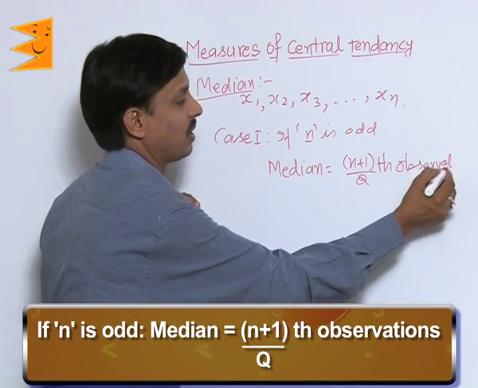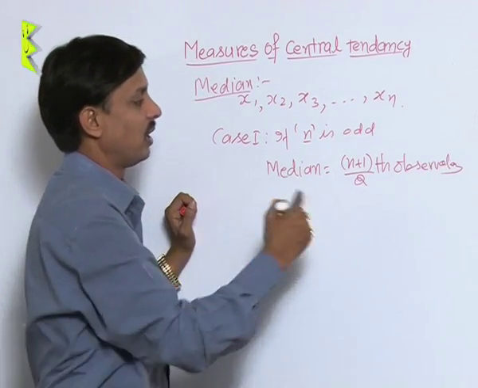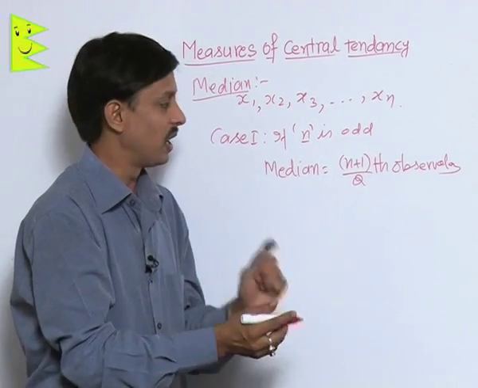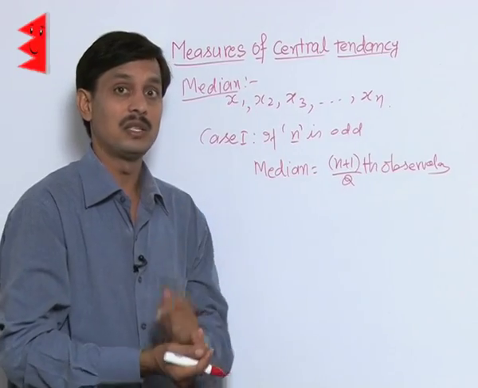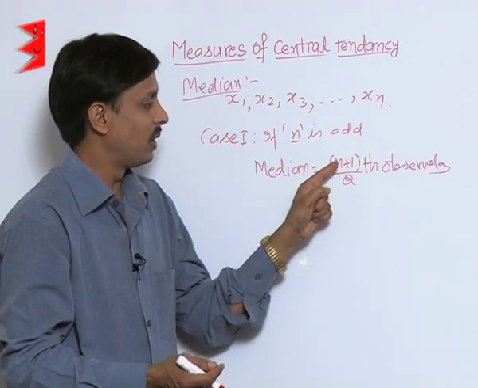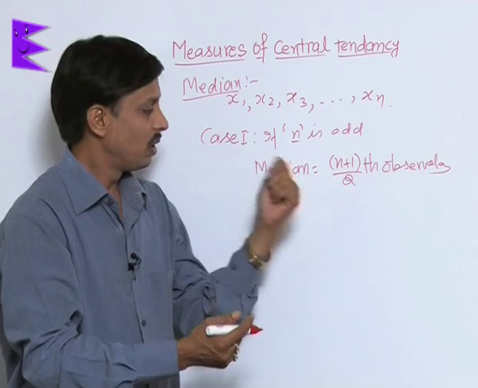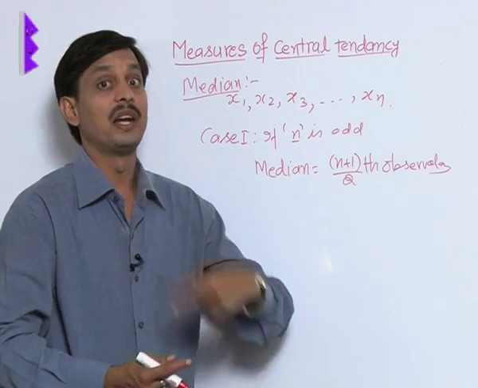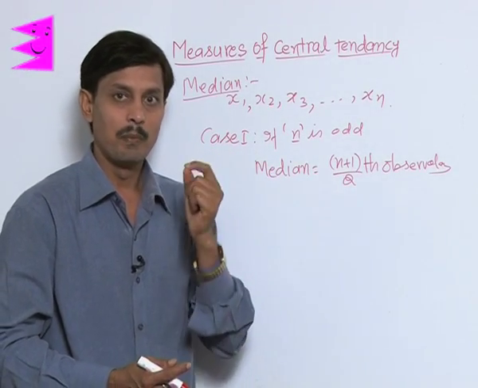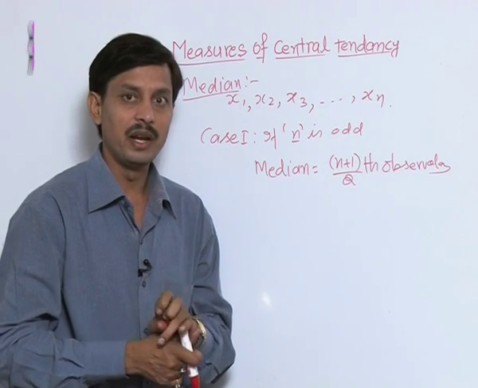That is exactly the central observation. If there are 11 observations, then the answer will be 11 plus 1, 12, 12 upon 2, 6. That is the 6th observation. But what is mandatory?